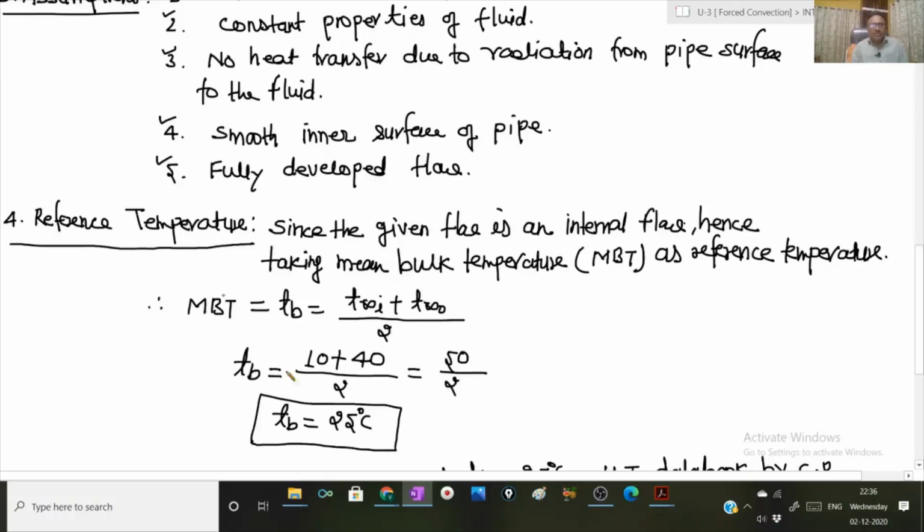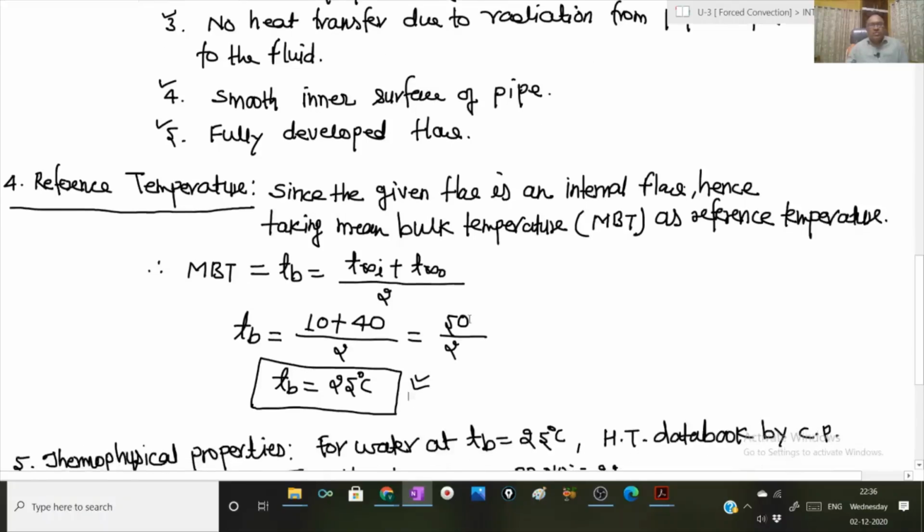So mean bulk temperature will be 10 plus 40 divided by 2, equal to 25 degrees Celsius. This mean bulk temperature of 25 degrees Celsius will be taken as reference temperature in the subsequent calculations.